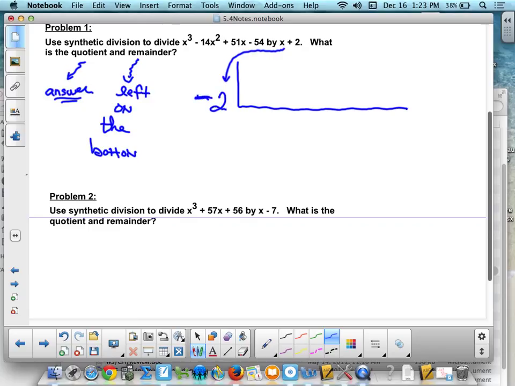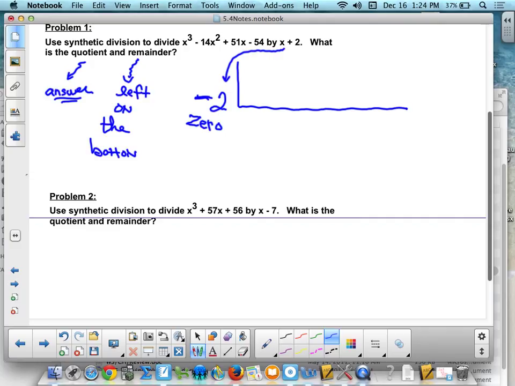Okay. In a way, guys, would you guys agree with this? That really, if you're dividing by x plus 2, what you put out here is really the 0. What's the 0 in this? Negative 2. That's what you put out there. Okay? All right, next, put the coefficients on top and throw out all the variables and the exponents.